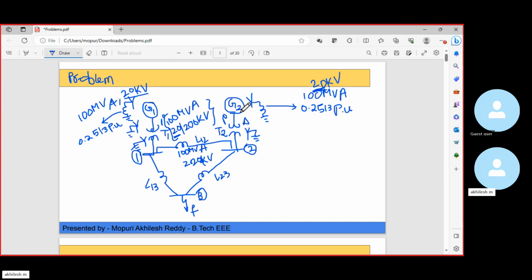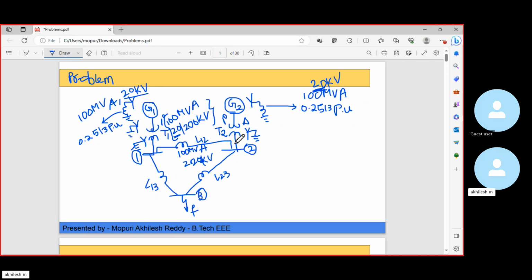Here also it is 20. After transformer T2, it changes from 20 to 200, since both have the same values. Then here 220. If I take 20 kV as my base value, then for generator 1, generator 2, transformer 1 and transformer 2, old per unit values will become new per unit values. Why?